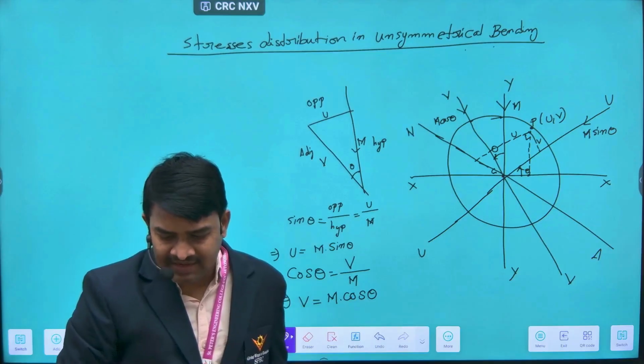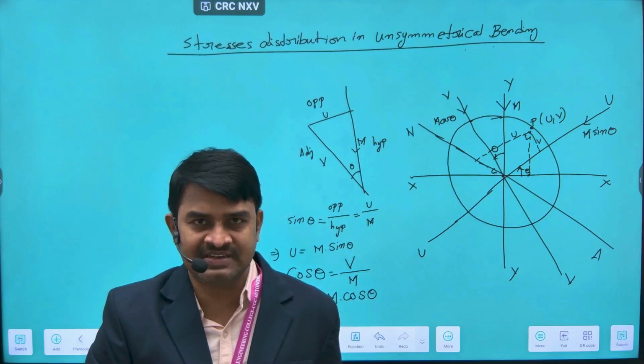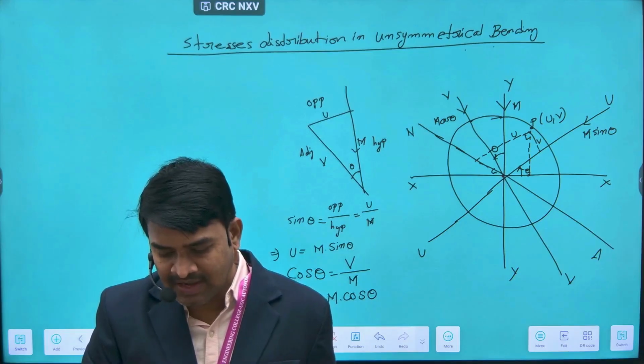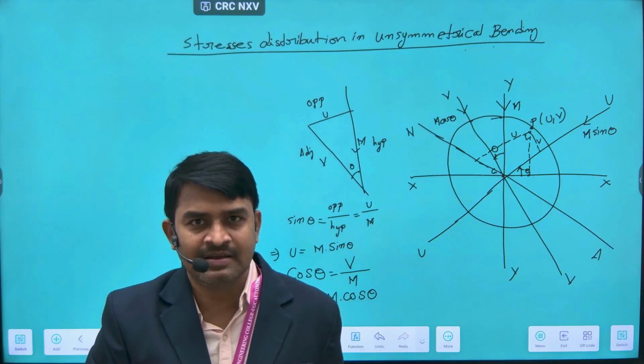Next, we have to find the stress distribution of the section. For this, we have to identify the moments in plane YY and the moments in plane XX.